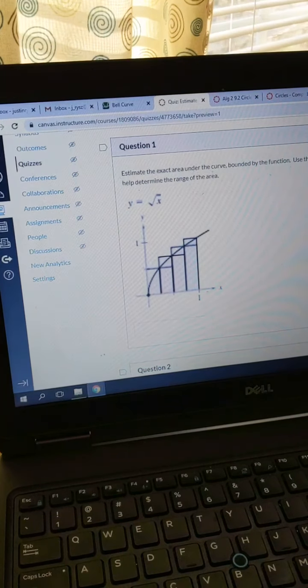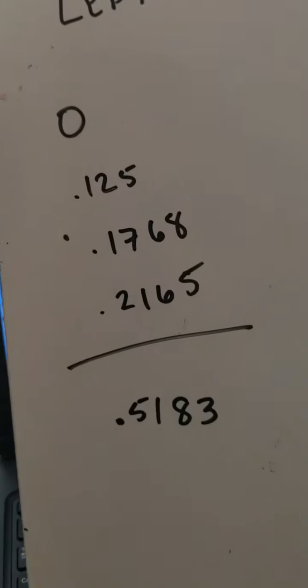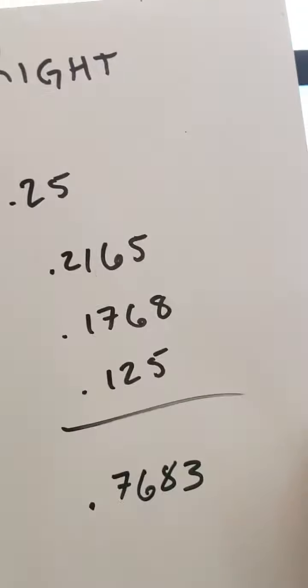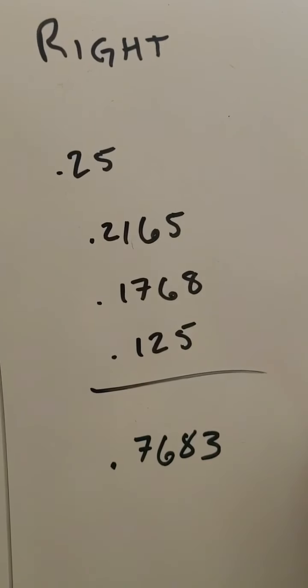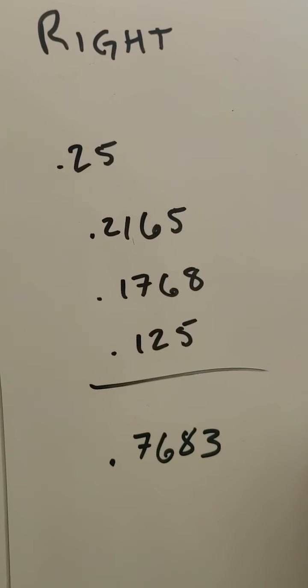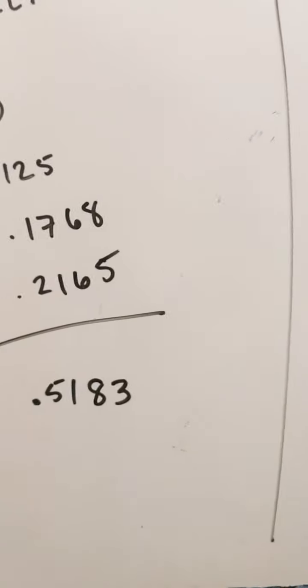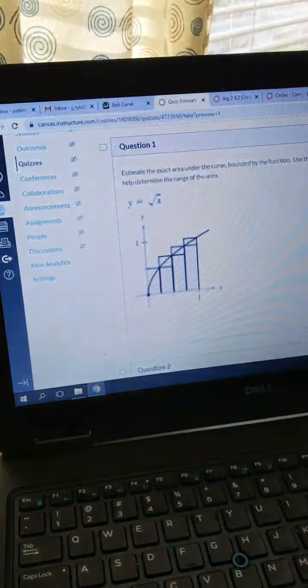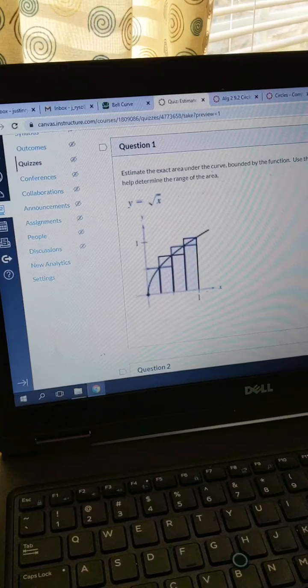Okay, so if you look here, on the left side, my low region was about 0.5183. On the right side, adding up those numbers, I get 0.7683. So if I was going to estimate in between there, maybe I'd pick something like 0.666 or something like that. Something in between those two numbers.